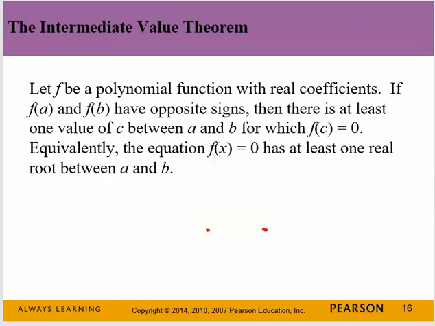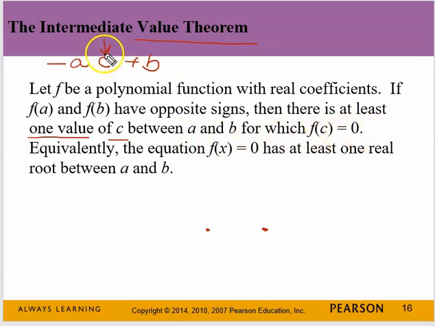Continuing with our vocabulary building, the intermediate value theorem. All right, let f be a polynomial function with real coefficients. If f(a) and f(b) have opposite signs, let's say f(a) is negative and f(b) is positive, then there is at least one value of c, which we'll put between these, for which f(c) is equal to 0.